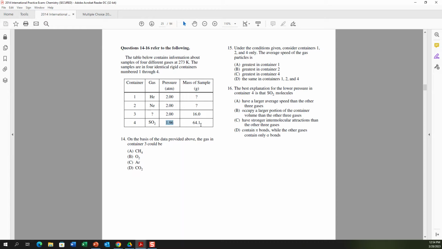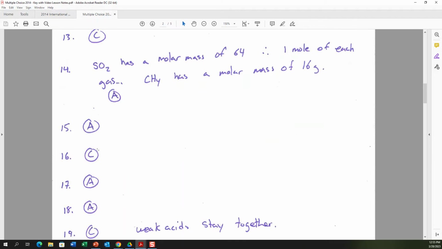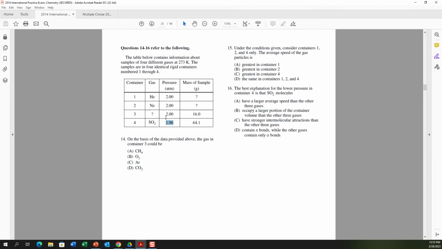It's not because the particle size is so much bigger than the others, because that would probably lend it to have a higher pressure in the same volume. So it's not that, it's got to be the IMFs. SO2 is a bent molecule. It has dipole-dipole interactions, whereas the rest of these, methane, neon, helium, are nonpolar. So it's got to be the intermolecular forces. So C. The stronger IMFs hold the SO2 together a little bit more in the sample, and that's why it's not colliding with the wall as much, and that lowers the pressure a little bit.